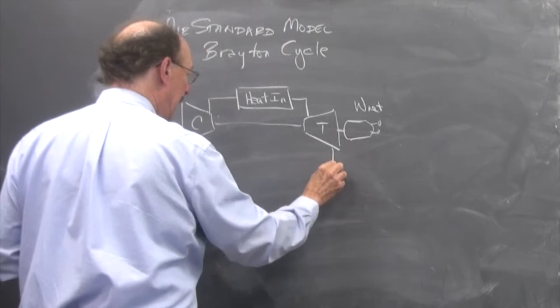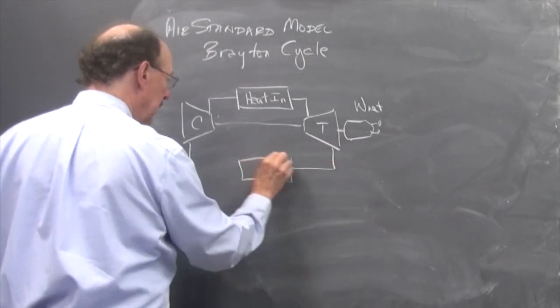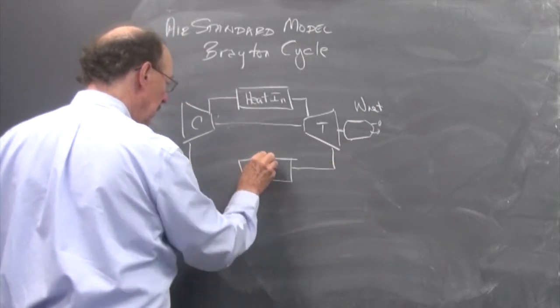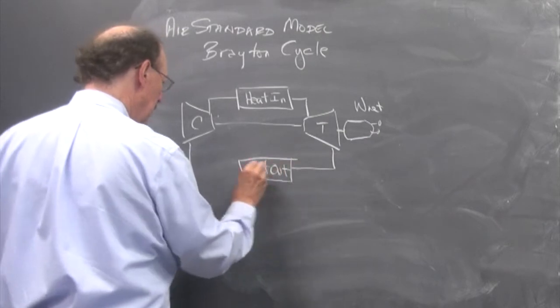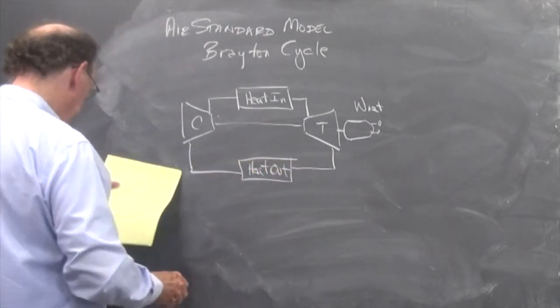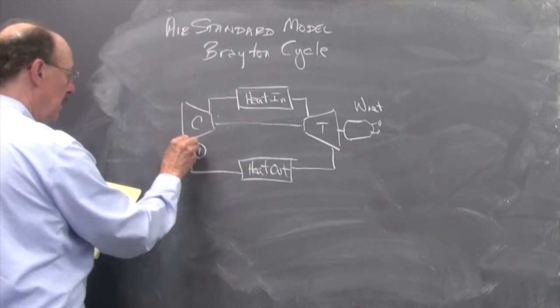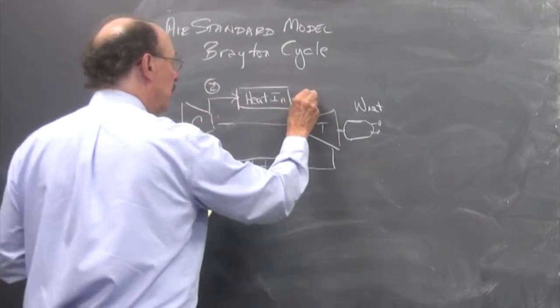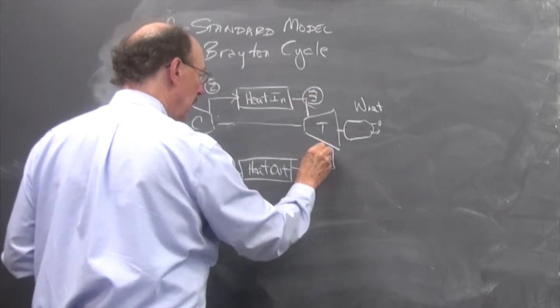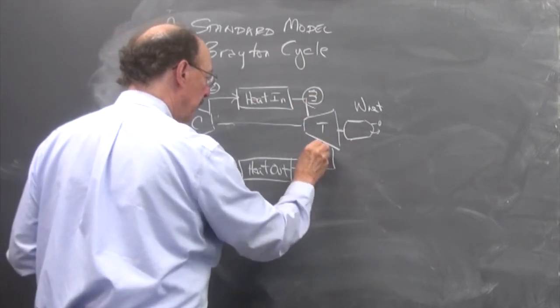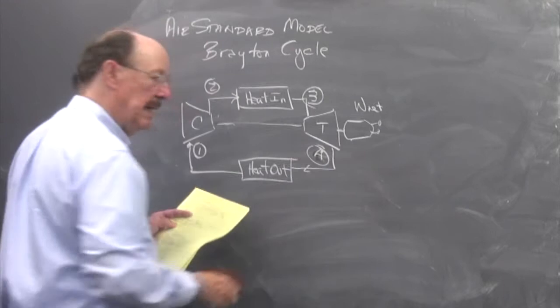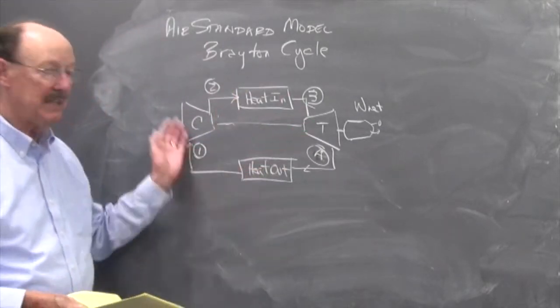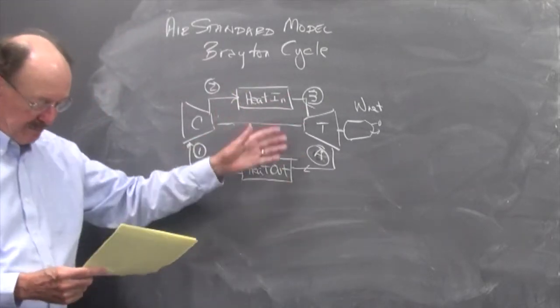And then it'll go back through a heat exchanger, heat out, back here. And so we have state 1, 2, 3, 4. And so I have a mass that circulates around here. So I can have this mass circulating.